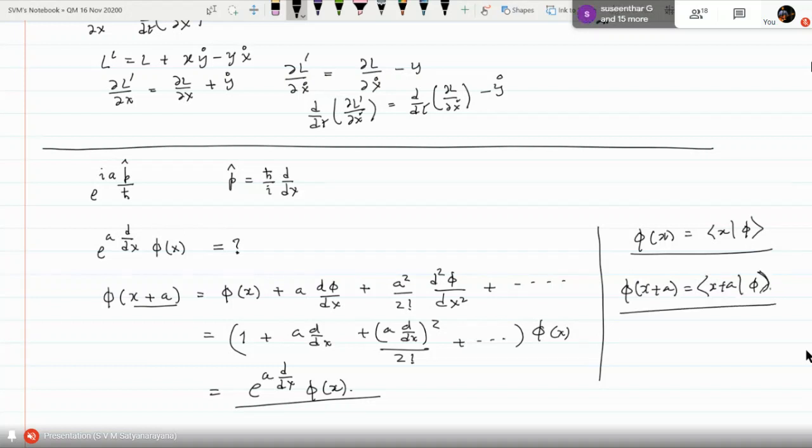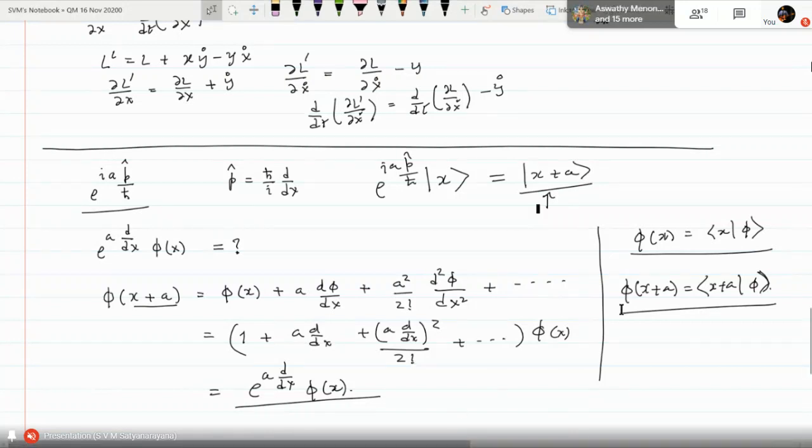This operator acts on i a p by h bar, and this acts on x. This will be taken to x plus a. This is an eigenstate of momentum, eigenvalue x plus a.